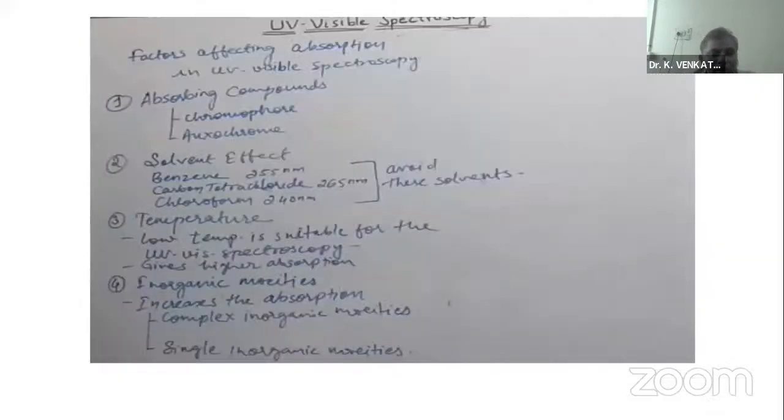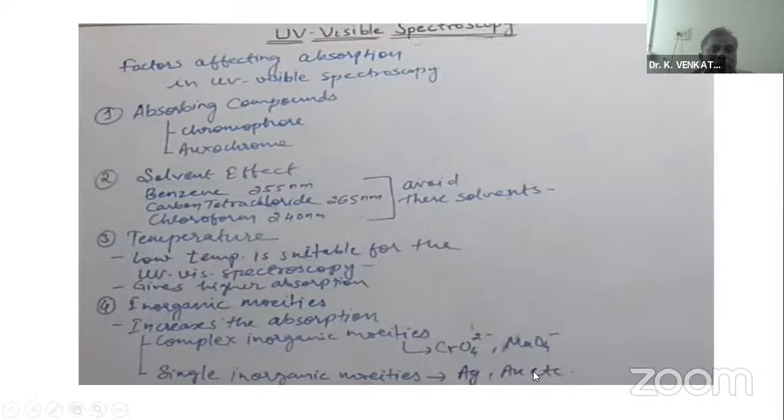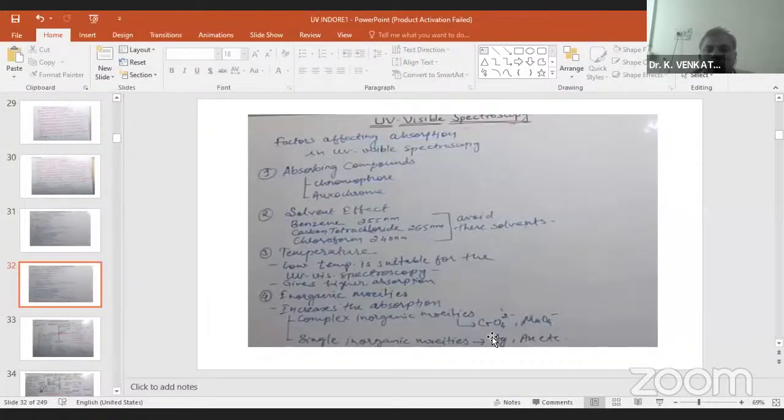Next, inorganic materials also affect the absorptions, whether complex inorganic moieties such as CrO4 minus and MnO4 minus, or single inorganic moieties such as silver, gold, etc. These also affect UV visible absorptions.